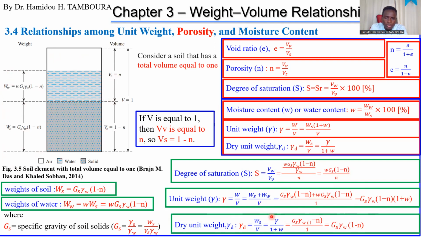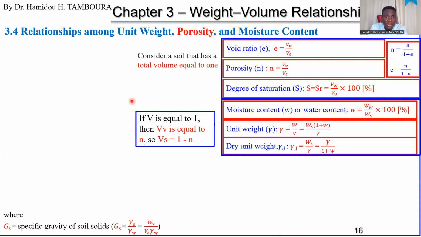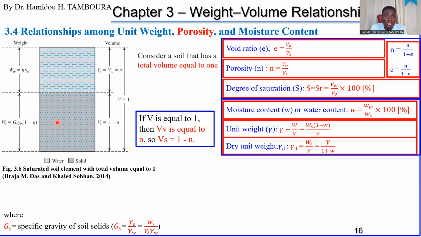Okay, now let's go in the same way, same situation, meaning the total volume is 1, but in that case with different saturation. This time we will consider that there is no void, there is no air. The voids are filled with water, meaning the soil is saturated.